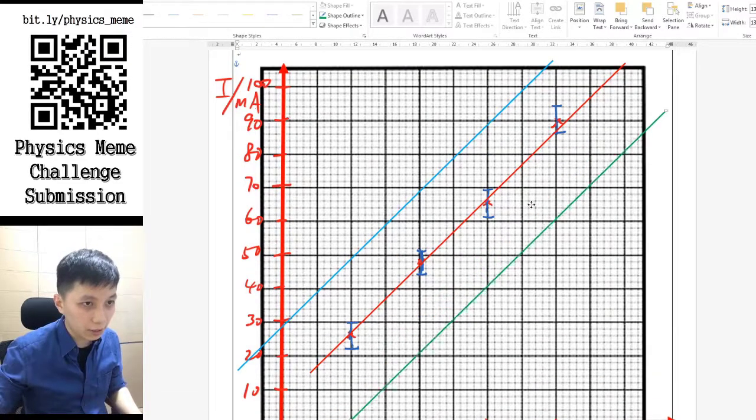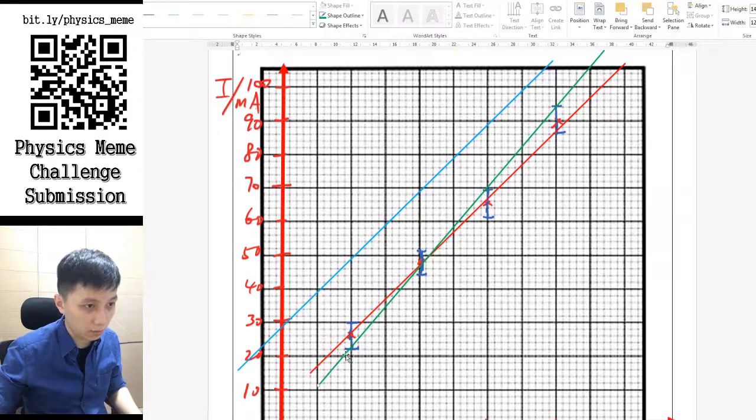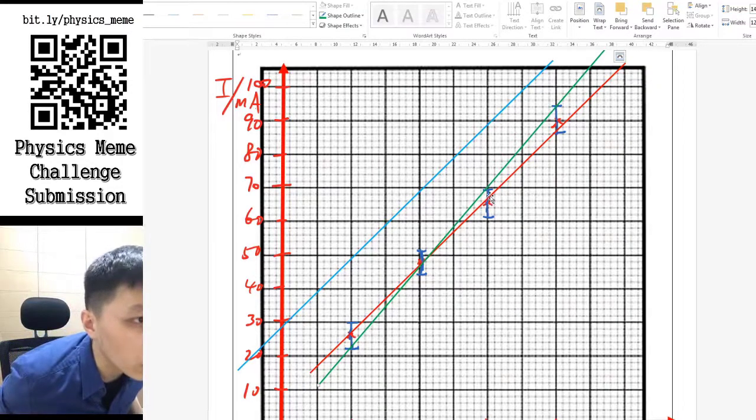Okay, and here are 2 more lines, let me do the maximum first. We will do the top of the last data point and also the bottom of the first data point, and let's see if they pass through all the other data points. I think the answer is yes, or barely.